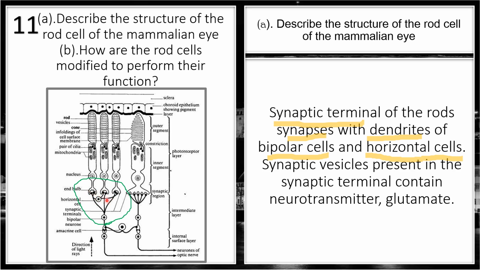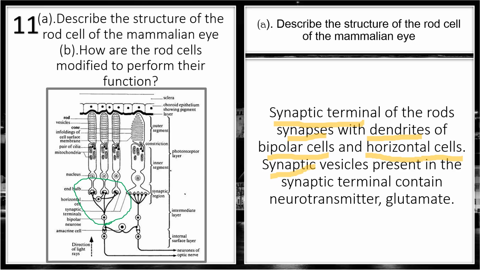Those dendrites go to the bipolar cell. You can see it has dendrites, which go into the synaptic terminals. The horizontal cell is this one. It also has dendrites which go into the synapse of the synaptic terminals.